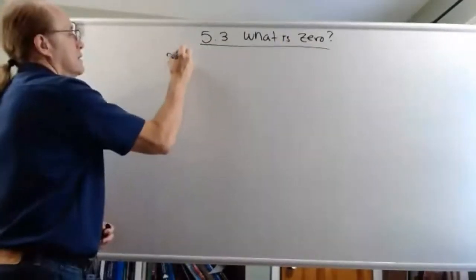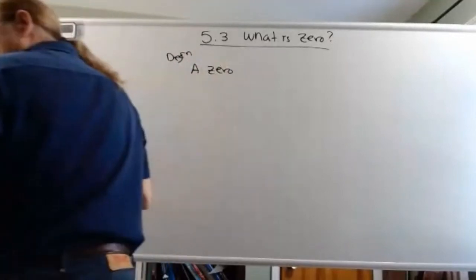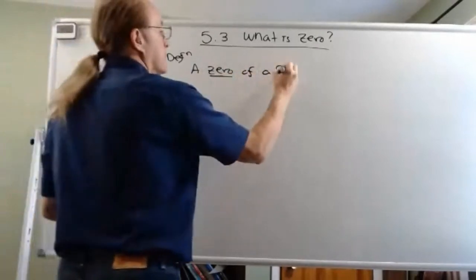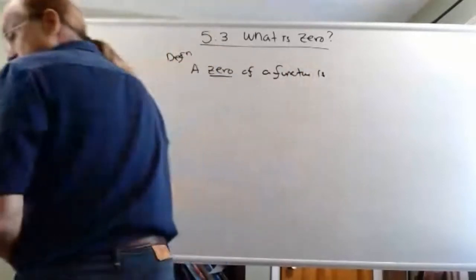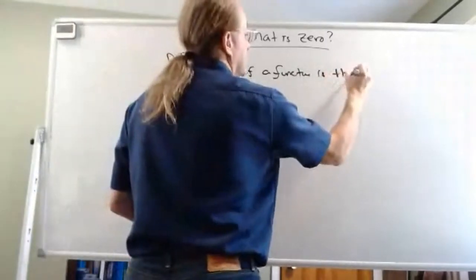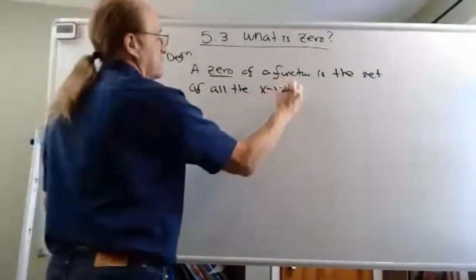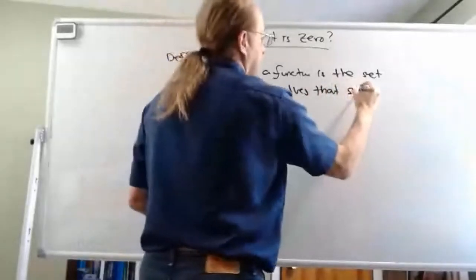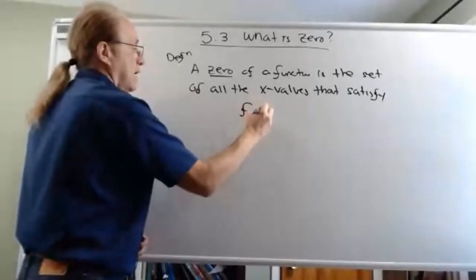A zero of a function is the set of all the x values that satisfy the equation f of x equal to 0.